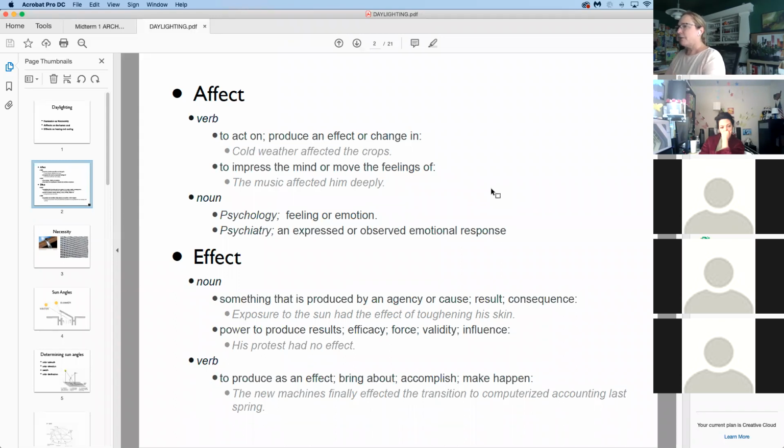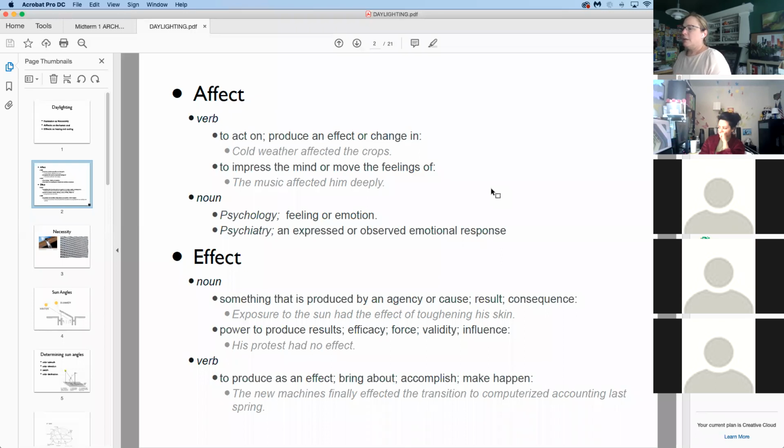Okay, it is affecting the building, it's affecting the room. And this is where the emotion is coming in, and how we respond as people to how that light is affecting the space.